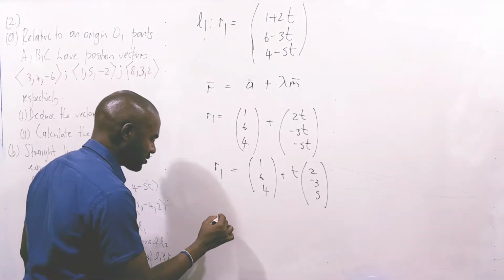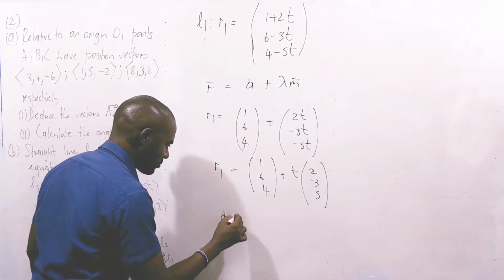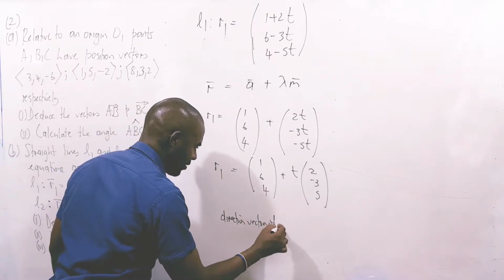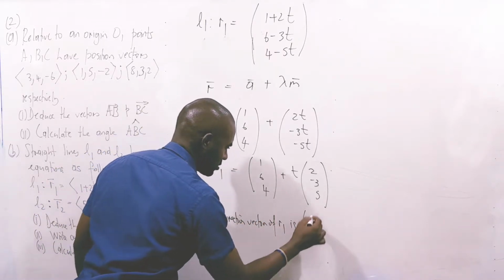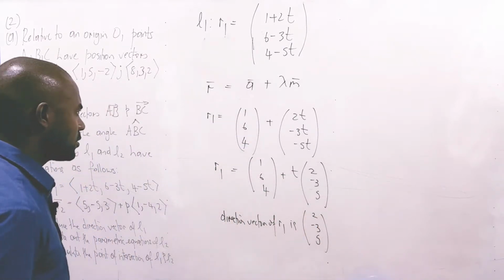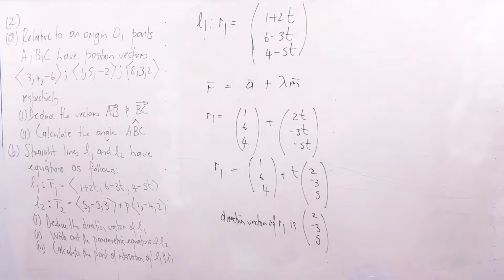Therefore the direction vector of L1 is (2, -3, -5). Alright, so that is the direction vector of L1 as required in part 1.